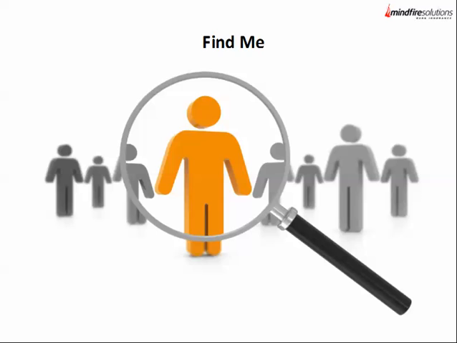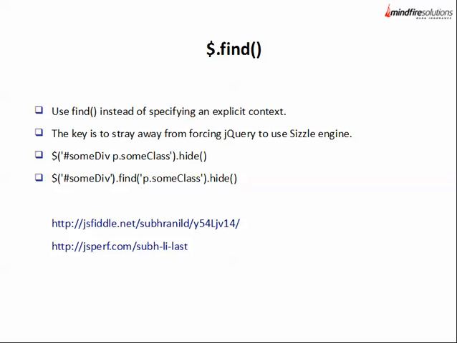But if you use find, find is always faster. So use find instead, with specificity and explicit context. The key is to stay away from forcing jQuery to use the Sizzle engine. That is what we discussed. Here you see one line of code I wrote, div p.someclass.height, and I can write the same code as div.find p.someclass.height. Both are the same, but the second one is faster.